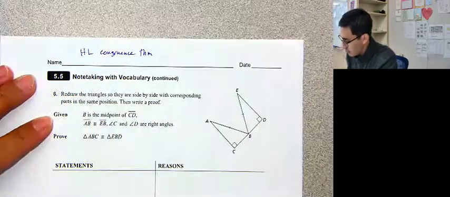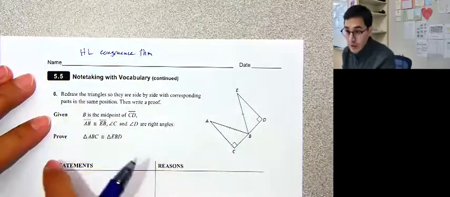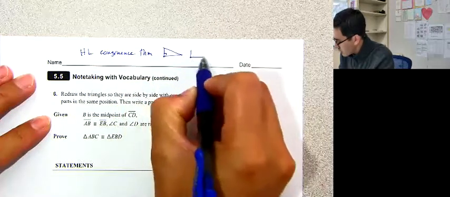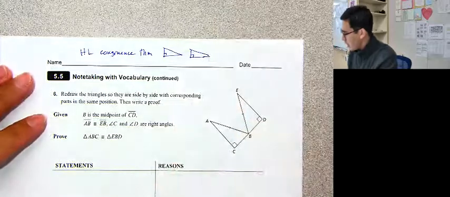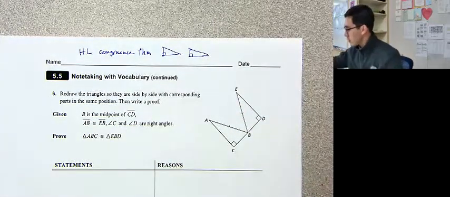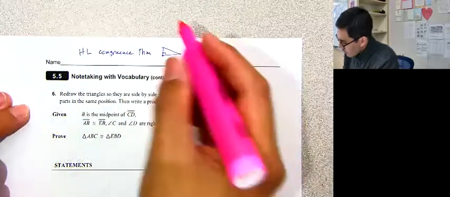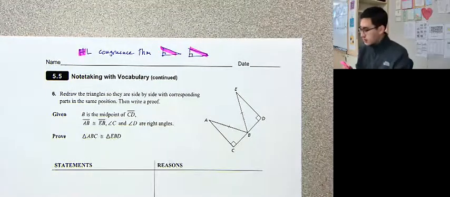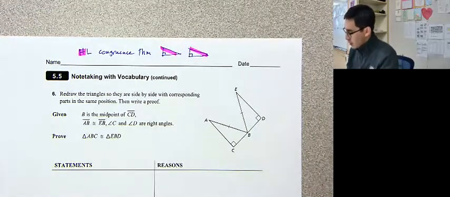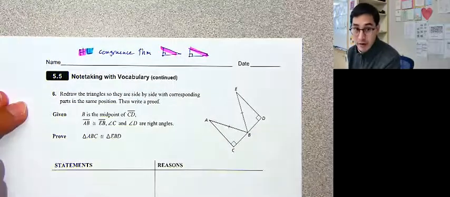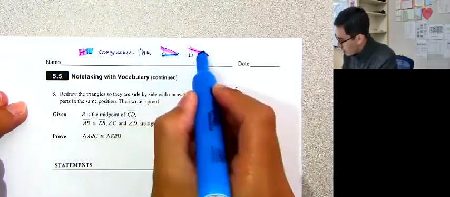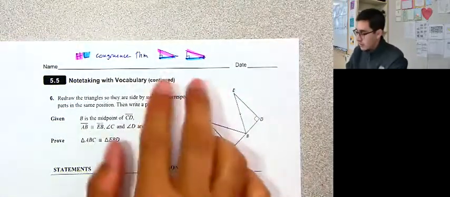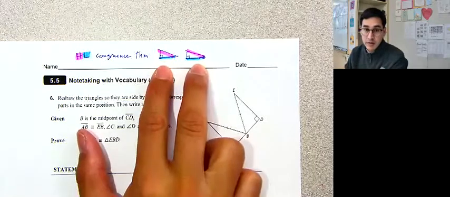congruence theorem. Okay, so this theorem applies to right triangles. And so it says that if you have two right triangles where you have a pair of congruent hypotenuses as well as a pair of congruent legs, and it doesn't matter which one, I'll just use the bottom one, then that is actually enough information to conclude or claim that the triangles are congruent.